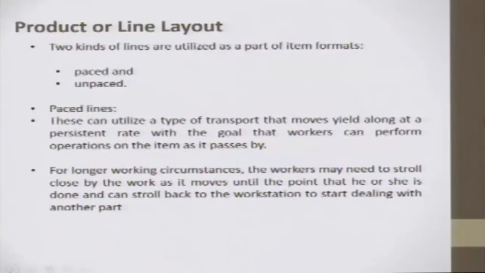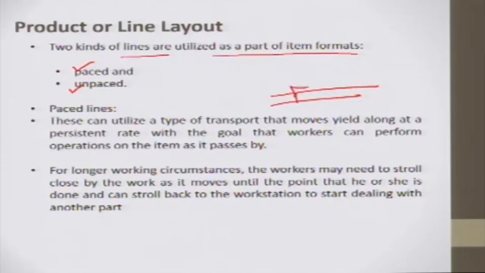Now there are two kinds of lines that are utilized in product layouts: paced and unpaced. So what is there in paced lines? The product is attached, the product is fixed to the conveyor belt.